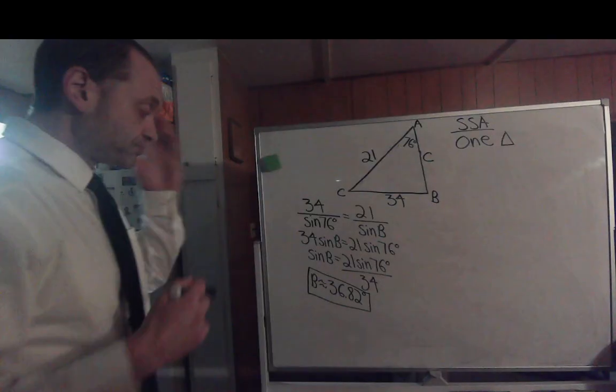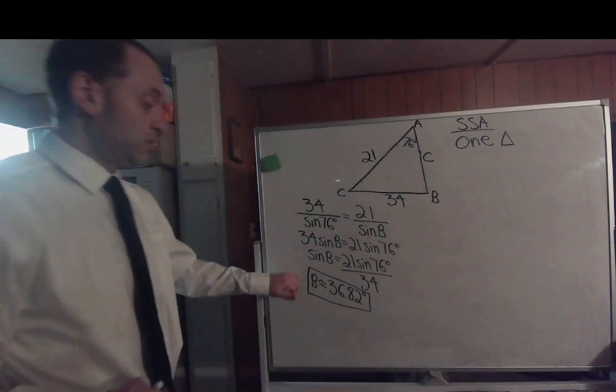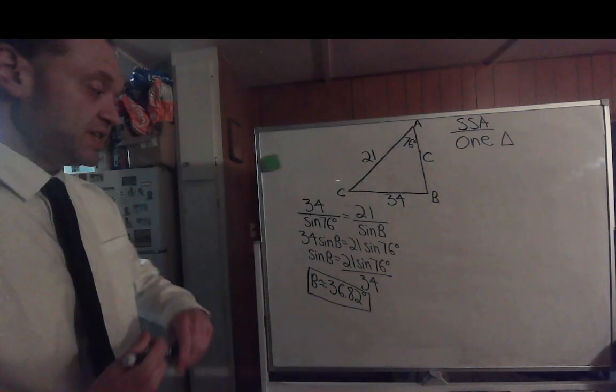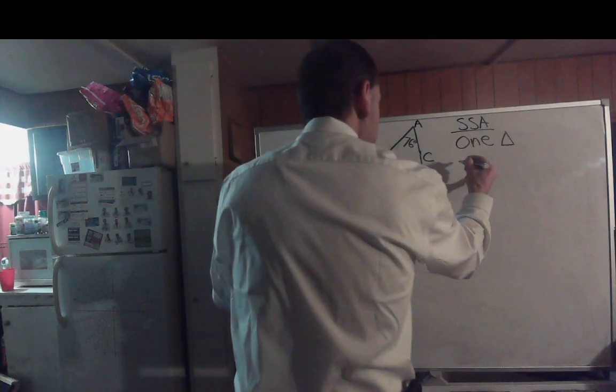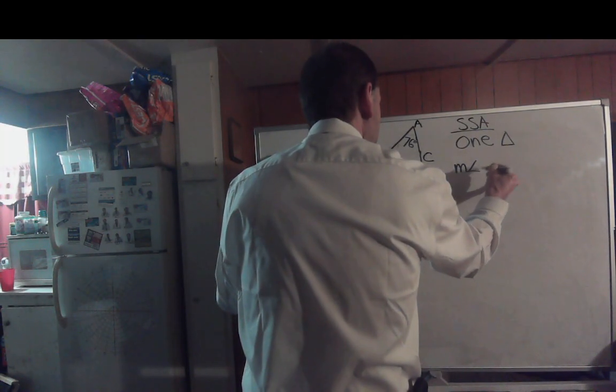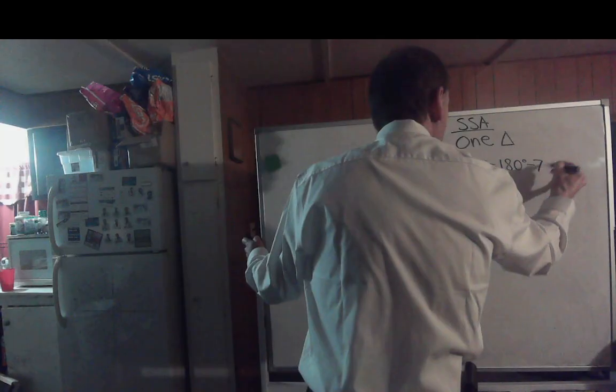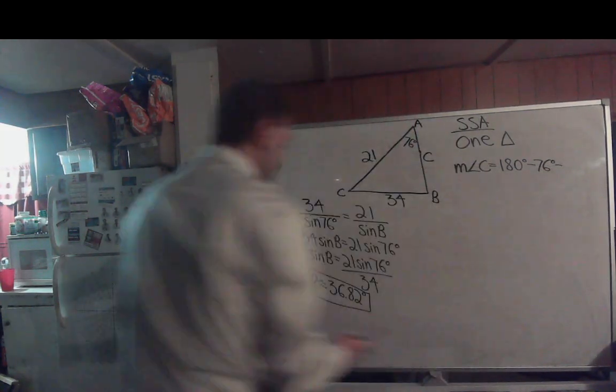Okay. So we know we have only one triangle. That means there's only one possibility then for angle C. So that means the measure of angle C is going to equal 180 degrees minus that 76 degrees minus that angle B, which is 36.82 degrees.